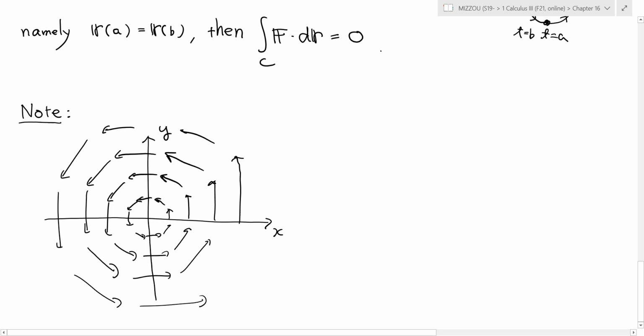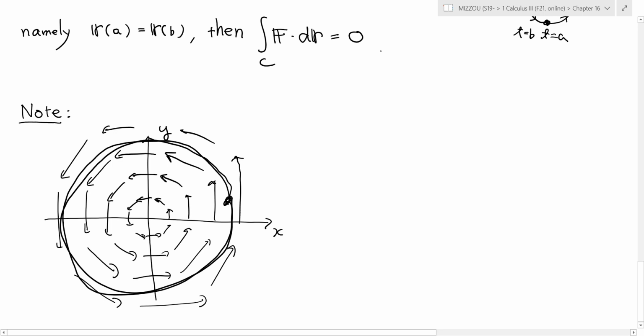This is an example of a vector field. If you dip your finger here and move around the swimming pool and come back to here, throughout this circling, the force is acting in the same direction as the movement of your finger.